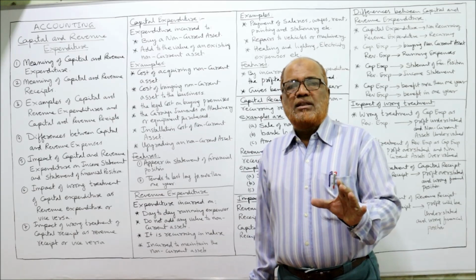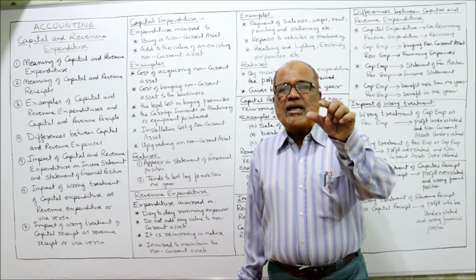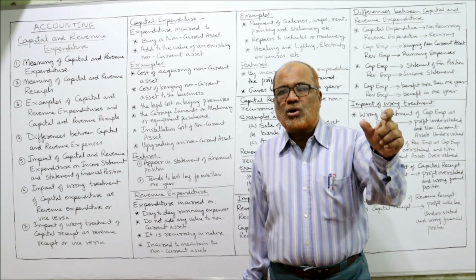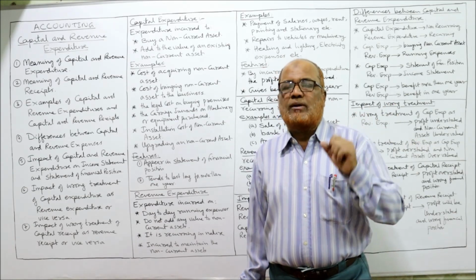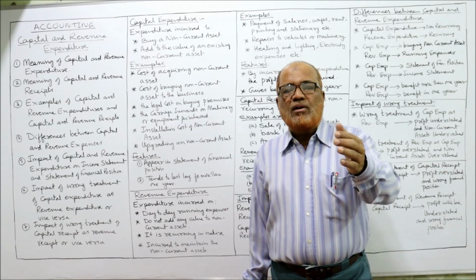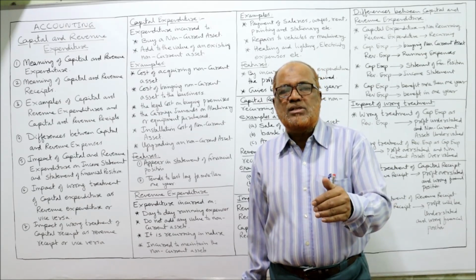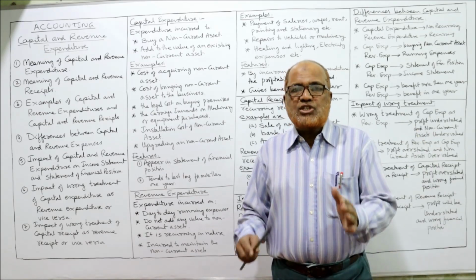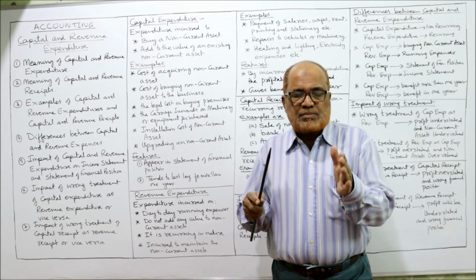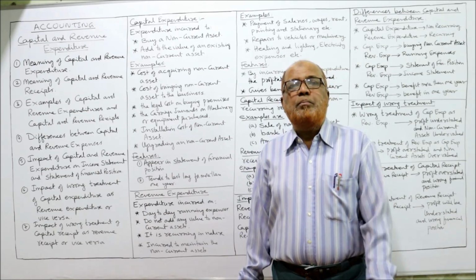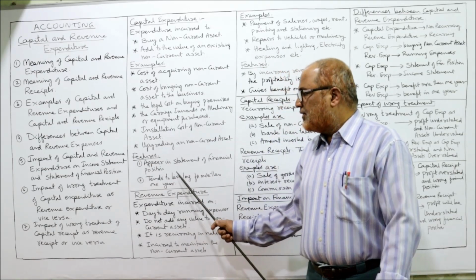The capital expenditure will be taken to the statement of financial position, and it will give the benefit to the business for a long period of time. Expenditure will be incurred in 1 year, but the benefit will accrue for a long period of time. That is the feature.